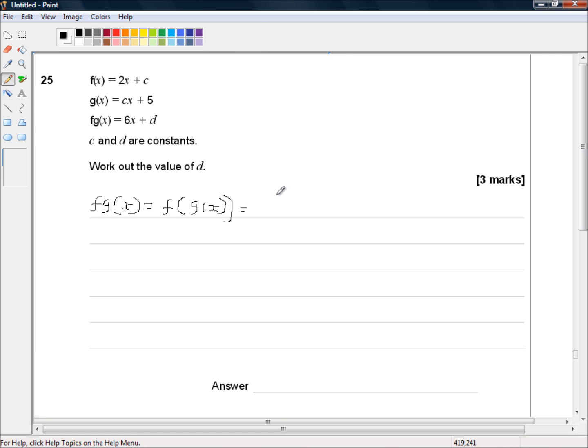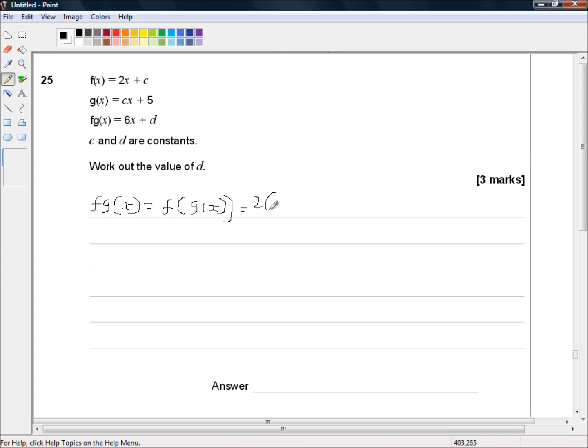Which is equal to, so what we're basically doing, where we see x in f of x, we put whatever g of x is. So f of x starts with 2, and that's multiplied by x, but instead of multiplying by x, we're multiplying by g of x.